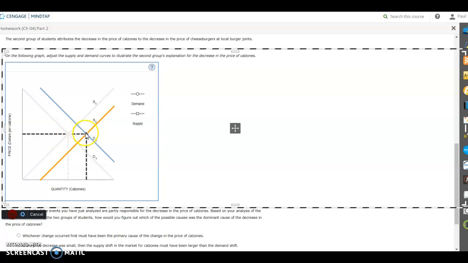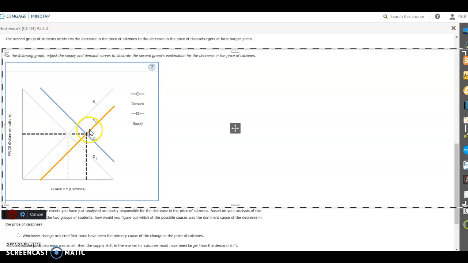So let's say when demand shifted to the right, that was causing price to go up by $5. But when supply shifted to the right, that caused price to go down by $5. The end result is price stays exactly the same. Those two forces canceled each other out. The increase in price from demand was completely canceled by the reduction in price when supply shifted to the right.